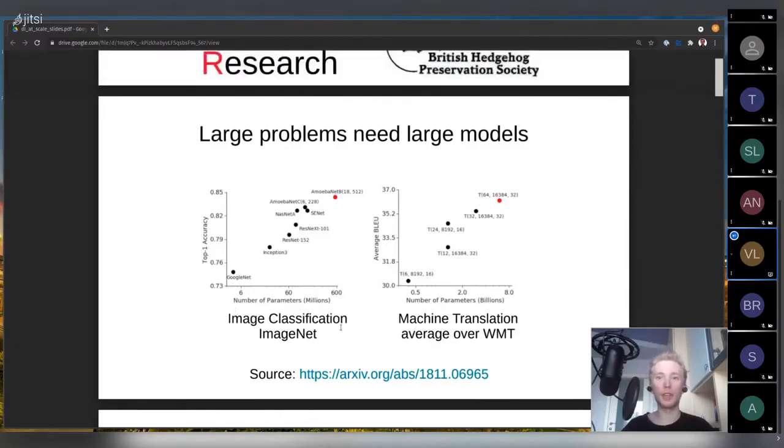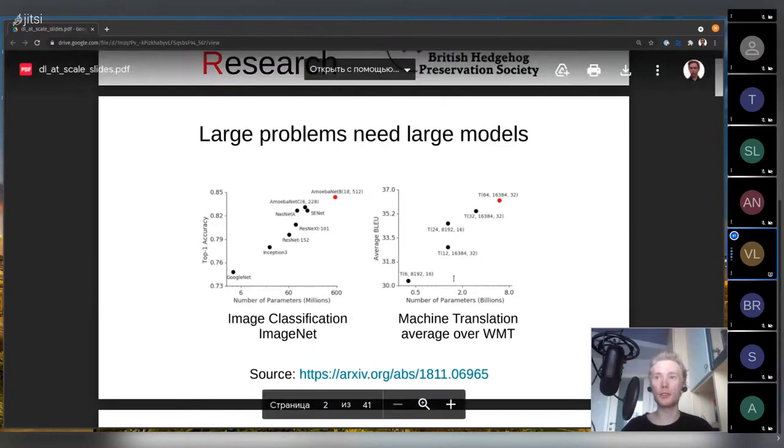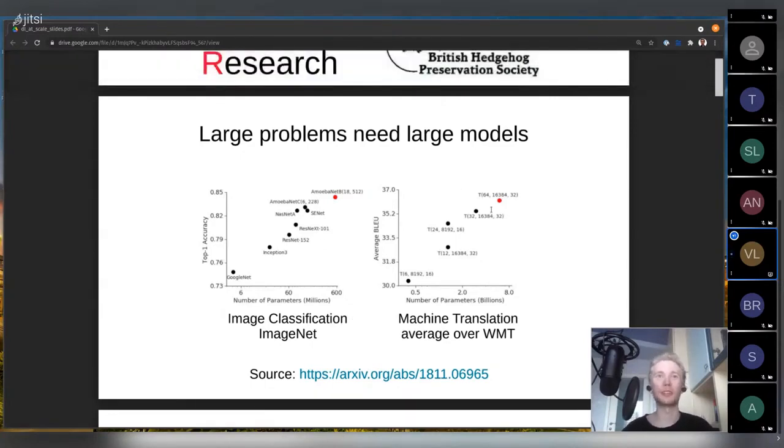We have image classification, we have machine translation, and the trend is basically that models are getting bigger and bigger, and the newest models are often impossible to fit onto the memory of even the newest GPUs. Basically, the issue is that the size of our models grows faster than the size of our GPUs.